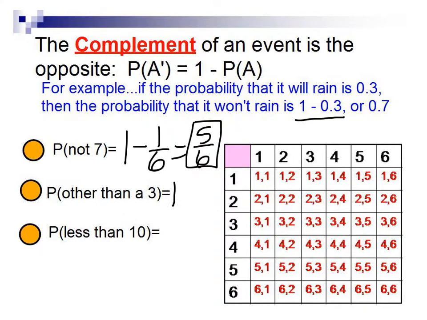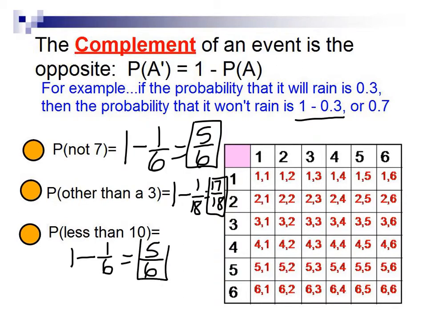So that's going to be 1 minus the probability that it was a 3. And remember, that was 2/36 or 1/18. So 18/18 minus 1/18 would get us 17/18 for that probability. Or the complement of greater than or equal to 10 would be the probability that it's less than 10. And so you're just going to do 1 minus, remember that probability was 1/6, so we'd be back at a probability of 5/6 for its complement.